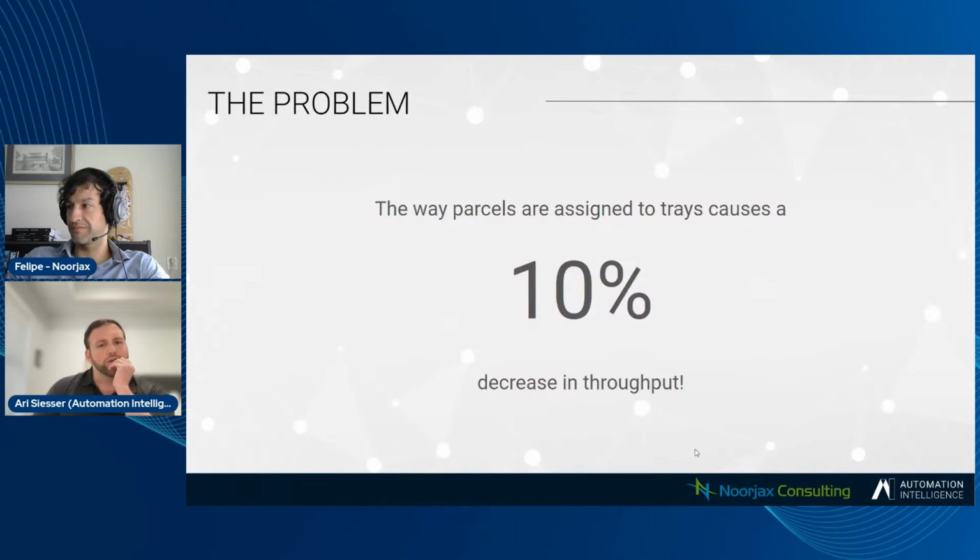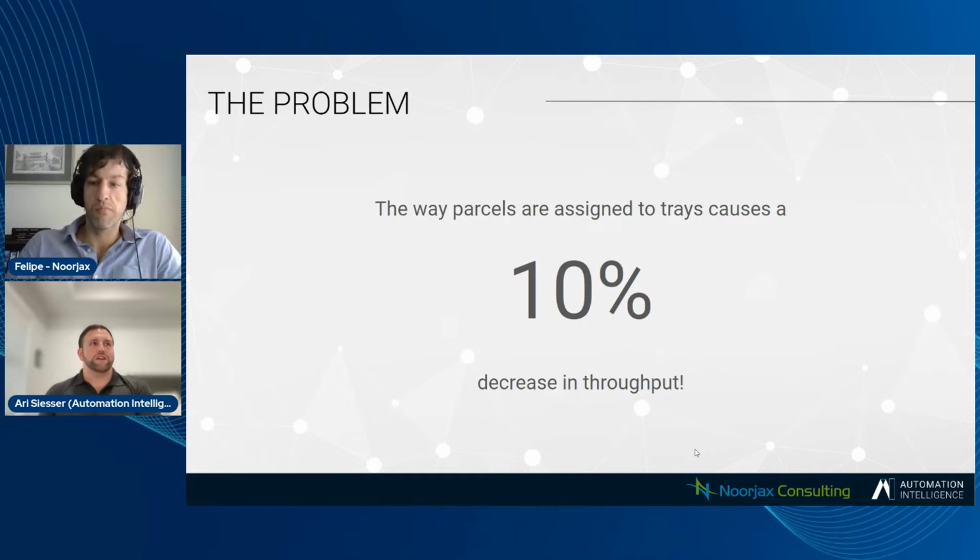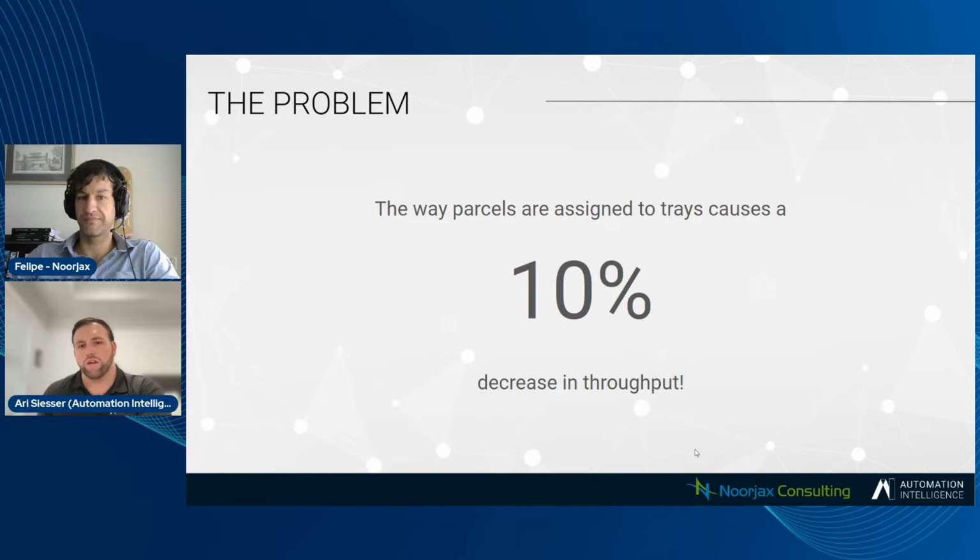All right, next slide. So like the title of the presentation suggested, there is opportunity here to improve the performance of these systems. And what we found through our work here is that this first in, first out logic causes a 10% decrease in total throughput.